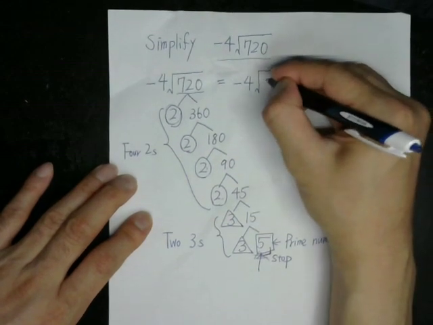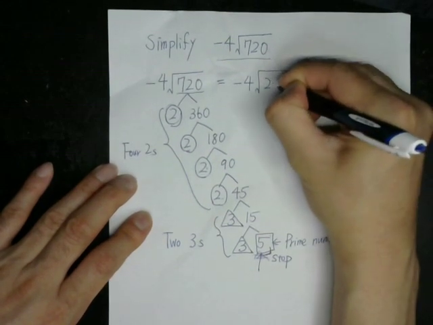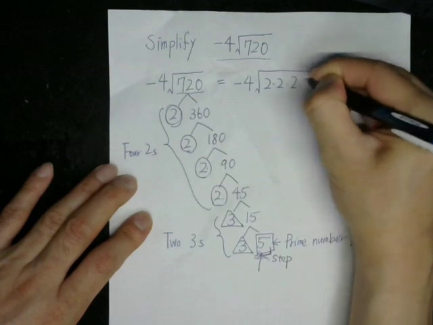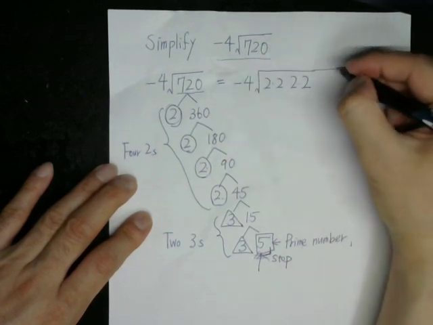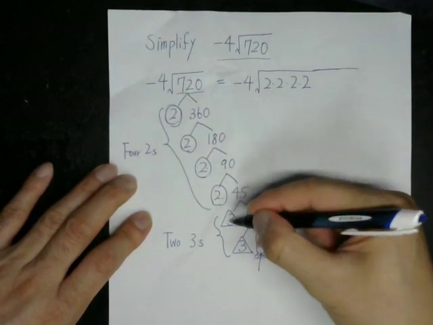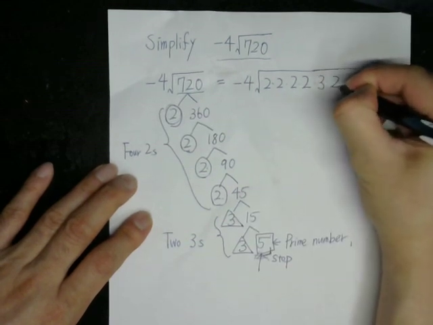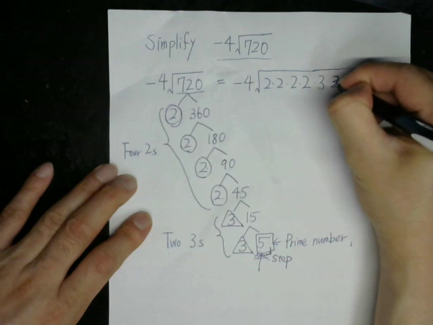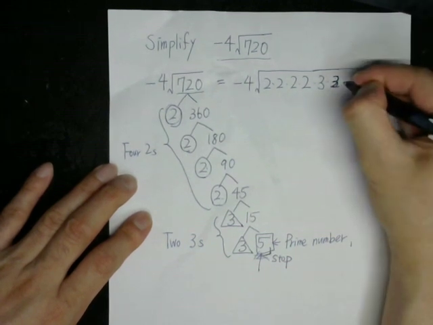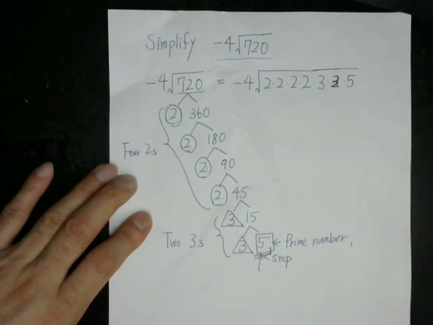So you write 2 times 2 times 2 times 2 inside the square root symbol. 2 3's, so you write 3 two times, and then 1 5 here.